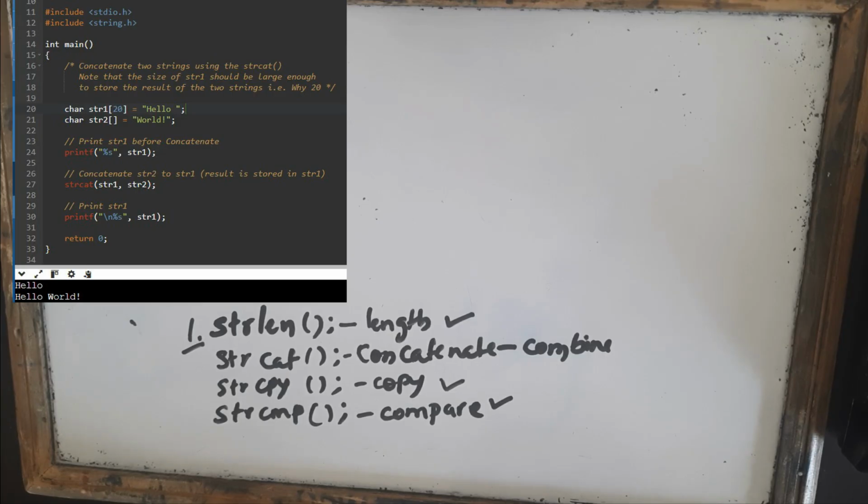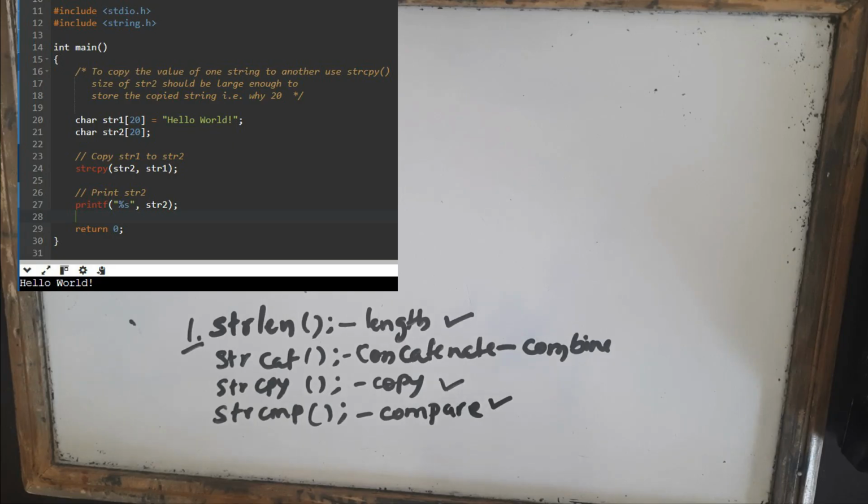Let's move on to the next function, string copy. That means it copies the string from string 1 to string 2. You can see in line number 24, strcpy with string 2 and string 1. That means copy string 1 to string 2. You can see the length is given explicitly because string 2 will be empty.